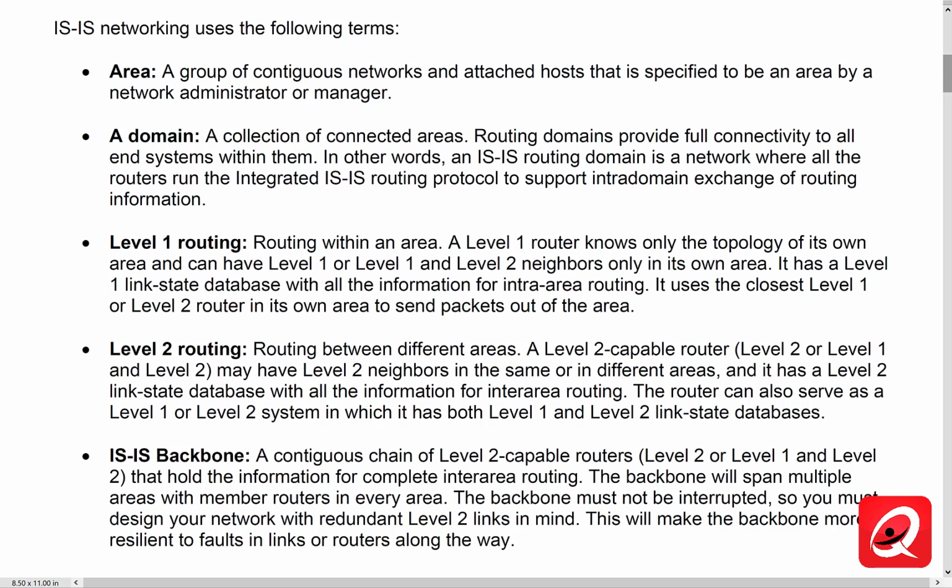These routers would end up flooding their link state packets within the area, so everybody knows about all of the link state packets in that area. The routers will add each other's link state packets to their database, and then we can run our shortest path first algorithm on our level 1 database to figure out what the shortest path is to each destination.